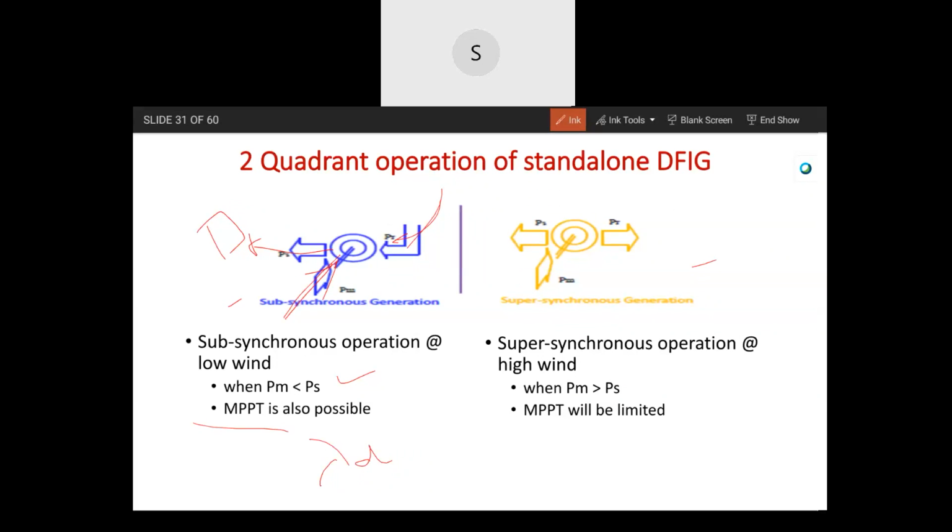When we say MPPT, maximum power point tracking, this is different from the MPPT in solar. In solar, MPPT applies to a static system, basically the PV cell or the photovoltaic module. It is made to operate at the point where, for a given irradiance, the operating point gives the maximum power output.